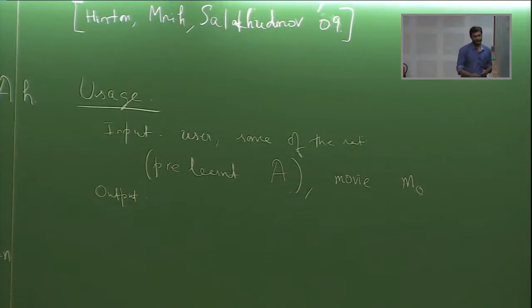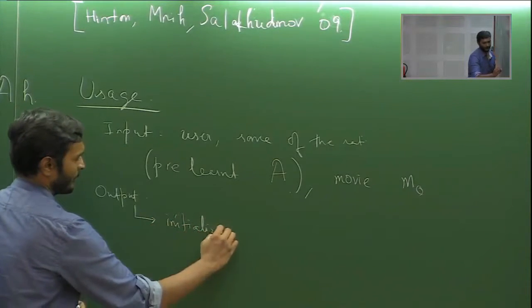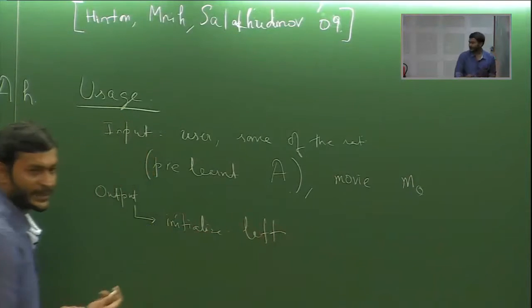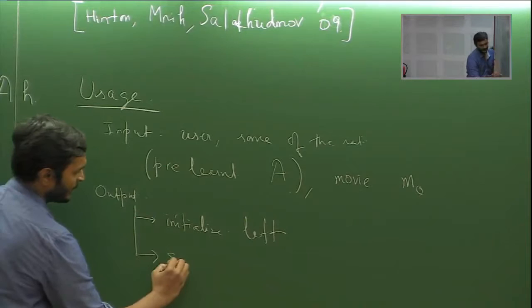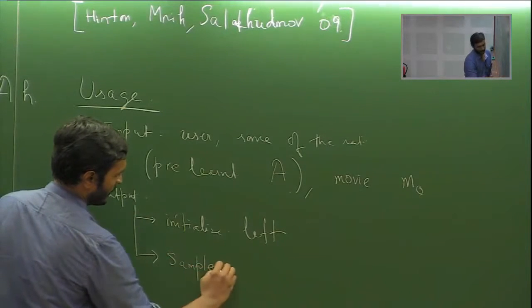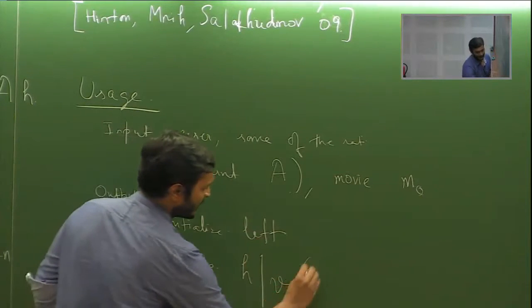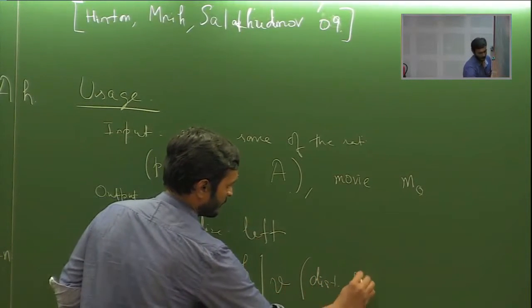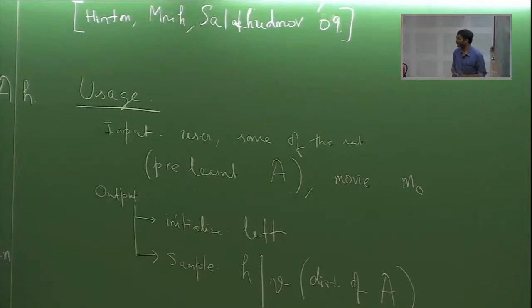So what we are going to do is first initialize the left hand side as we would expect. Whatever movies we know, we assign that value, and whatever we don't know, we just assign random values. Then we sample H given this particular V from the distribution induced by A. Is it clear what this means?